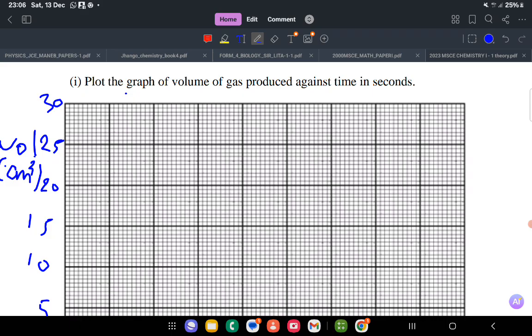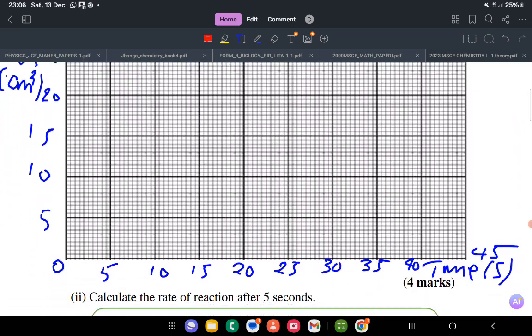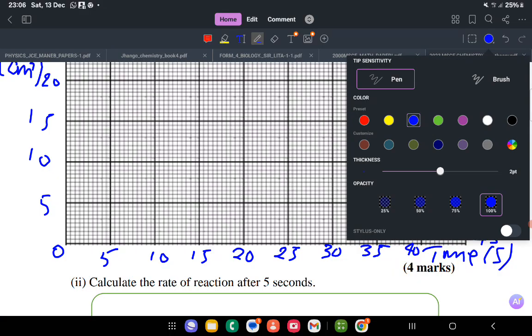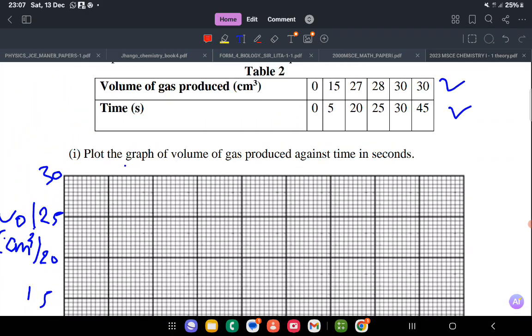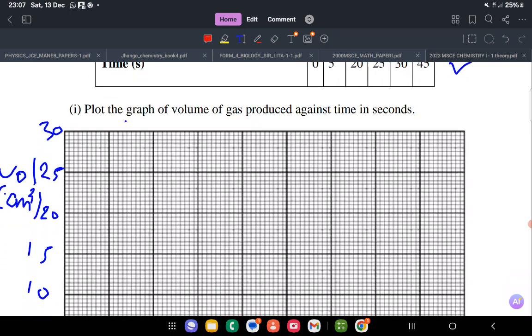Now let's plot the graph. At time 0, the volume is 0. So we can have our first point here. And after 5 seconds, the volume is 15.